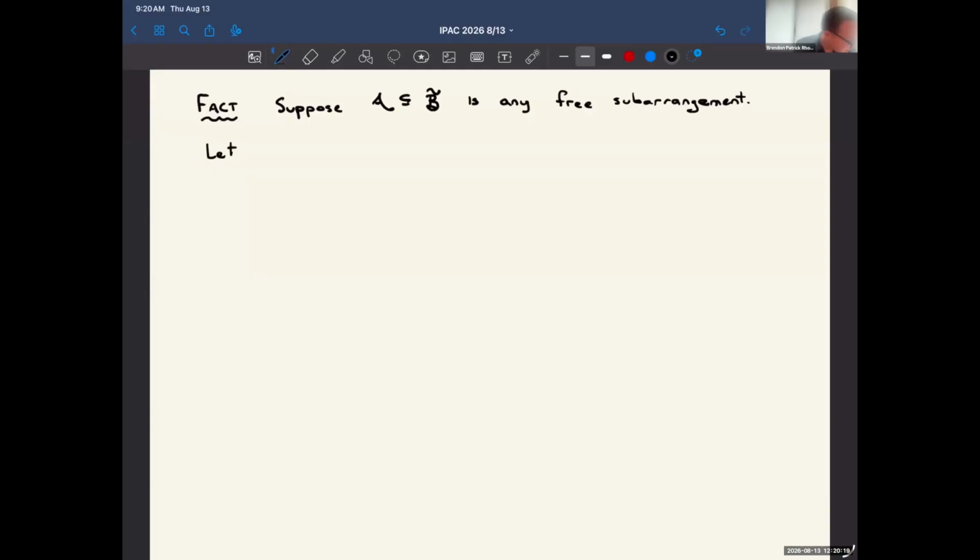I'm going to let F be the product over those linear forms alpha_H corresponding to hyperplanes that I threw away from B tilde to get A. So we'll do that.